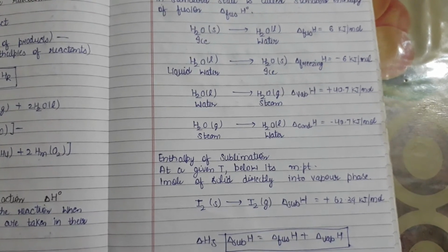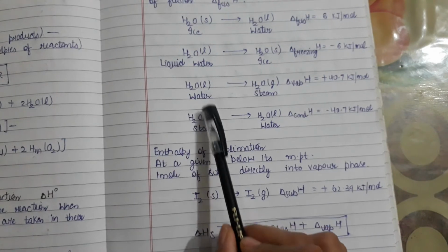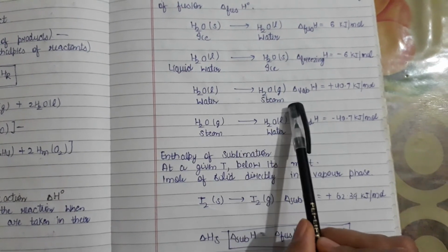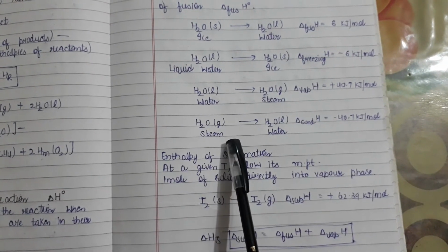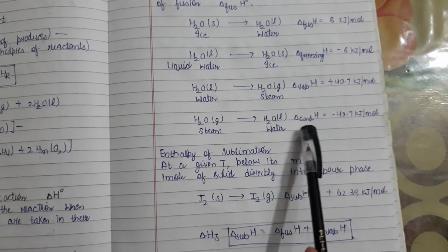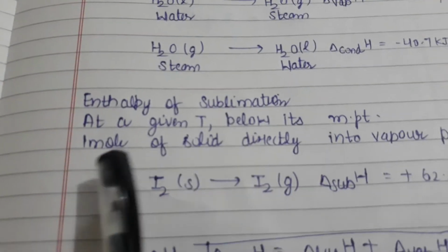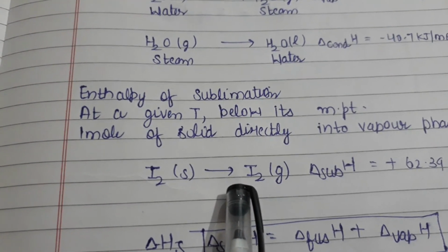Now enthalpy of vaporization, when water gives steam. Here the enthalpy change is the enthalpy of vaporization. When steam again converts into water, here it is the enthalpy of condensation. Now enthalpy of sublimation. Sublimation means when a solid directly converts into gas.